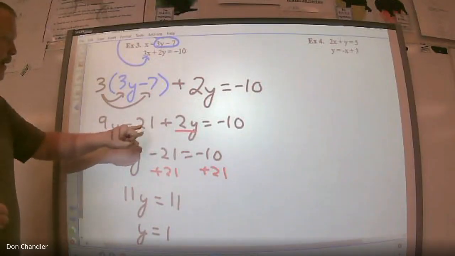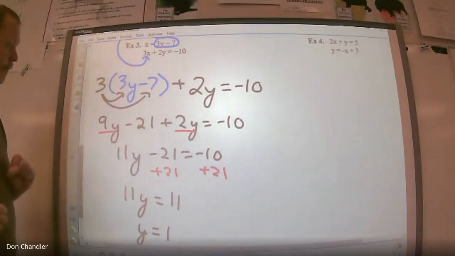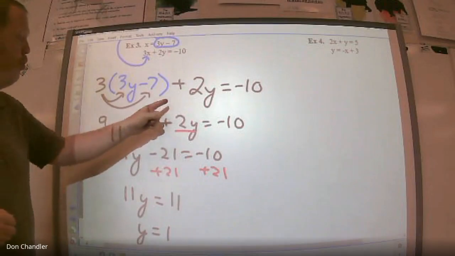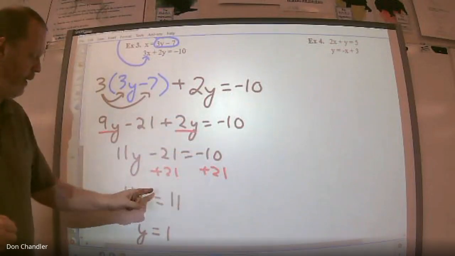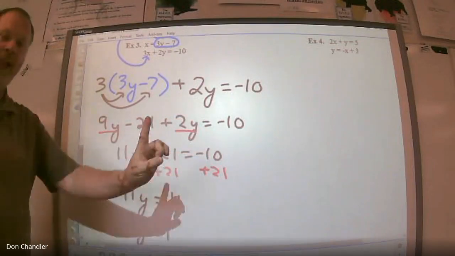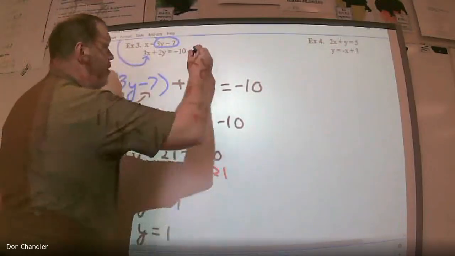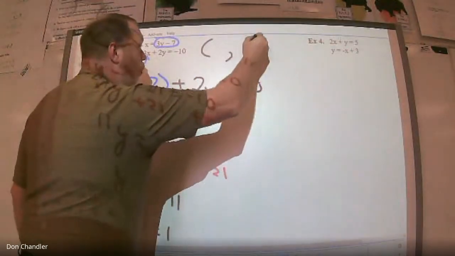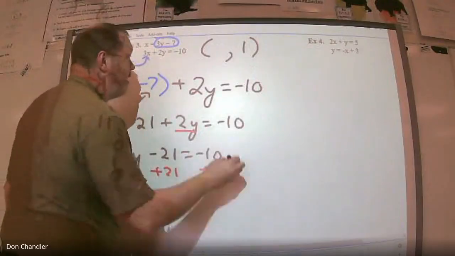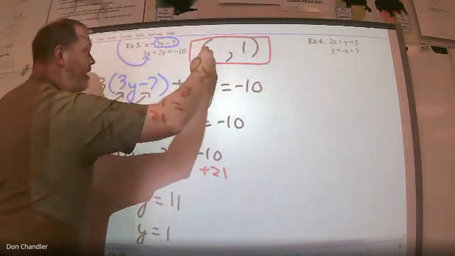To get rid of a subtracting 21 is to add 21. Move it over, and I got 11. Divide both sides by 11, and I believe that the y value is 1. I know that my answer is something, comma, 1. That's the solution to this system.